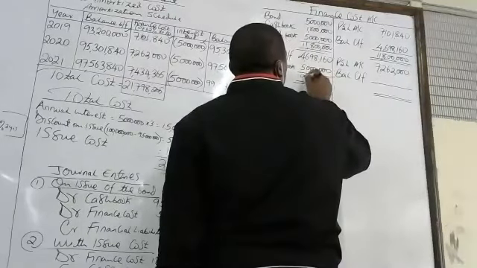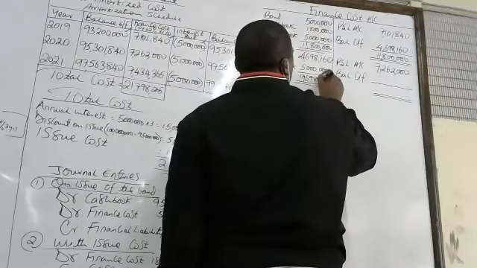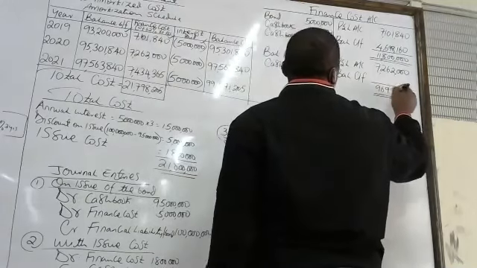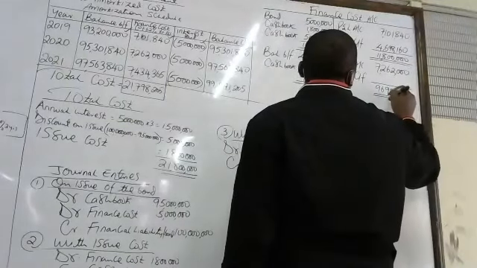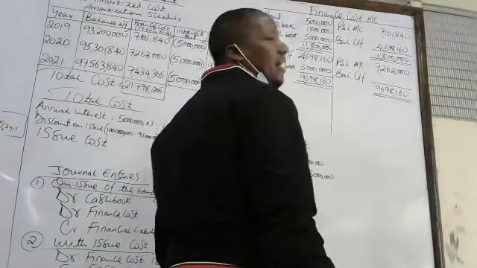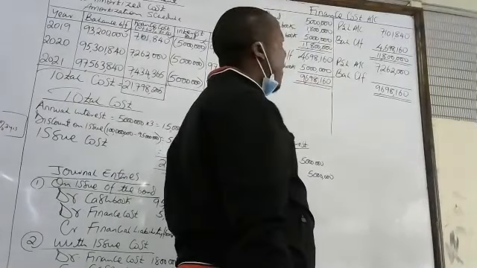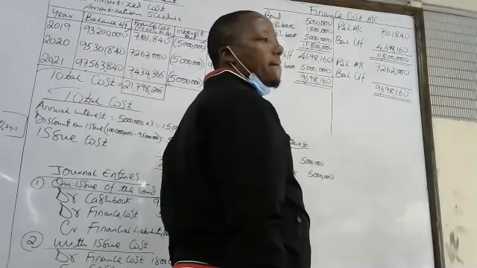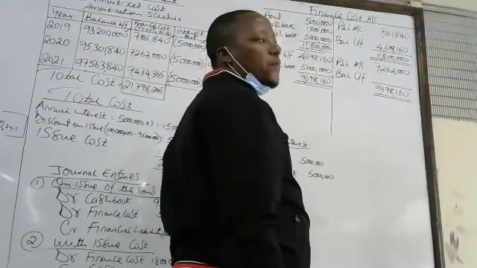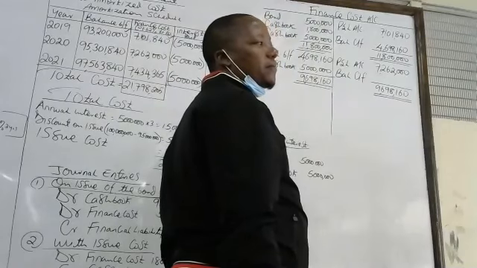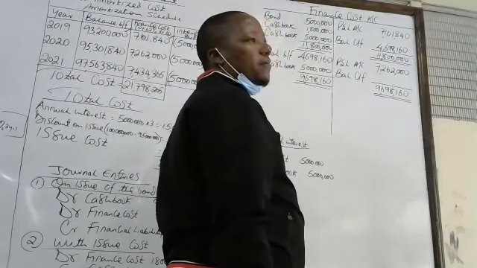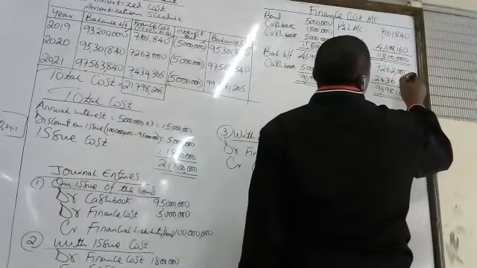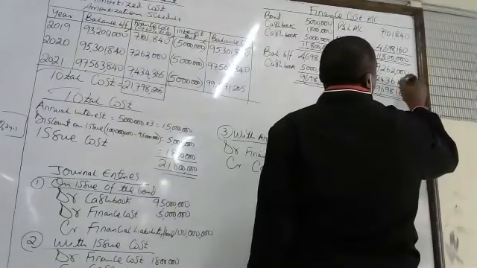This is 96,98,160 minus 72,62,000, you get what? 24,36,160.